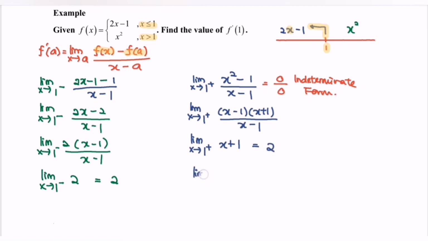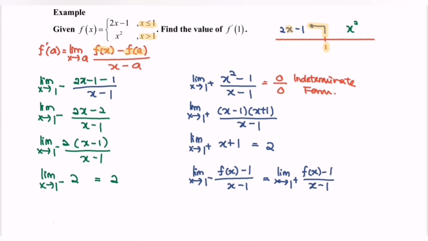Since the limit when x approaches 1 from the left of (f(x) minus f(1)) over x minus 1 is equal to the limit when x approaches 1 from the right of (f(x) minus f(1)) over x minus 1, the limit for the left and the limit for the right are the same, which is equal to 2.